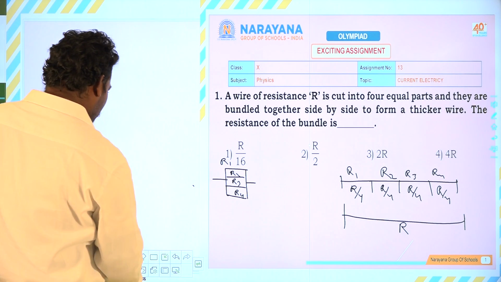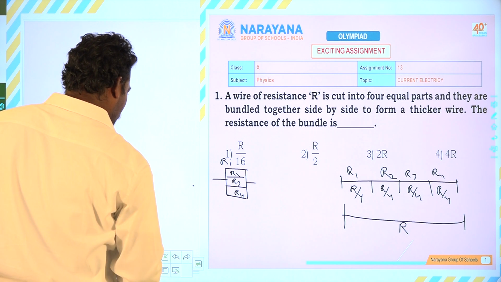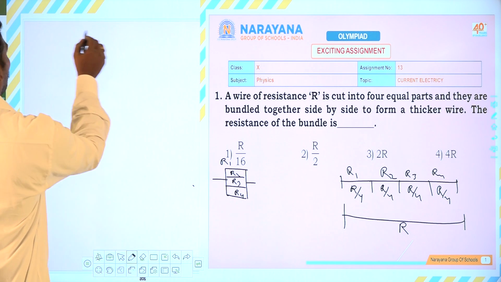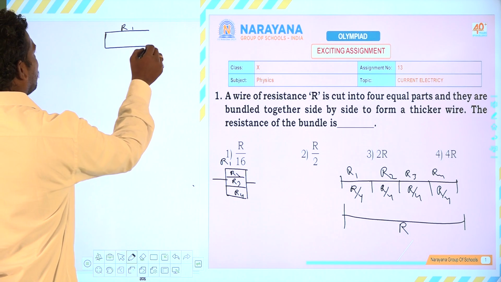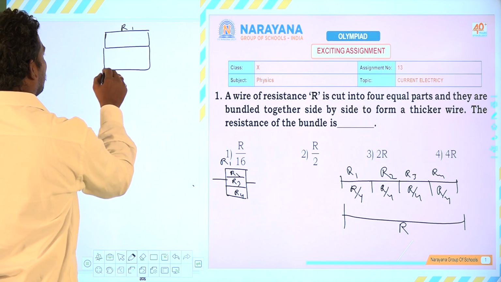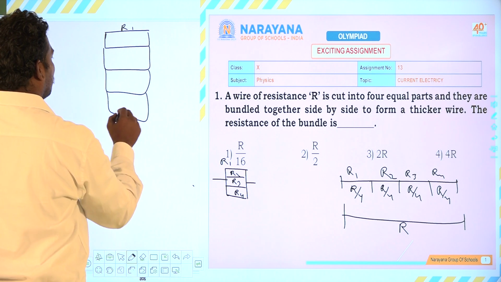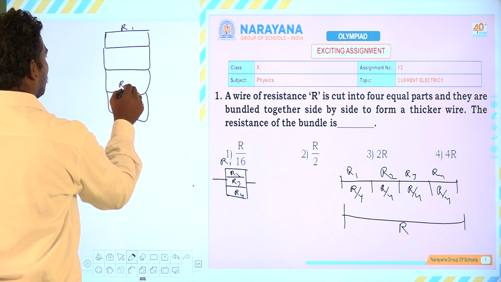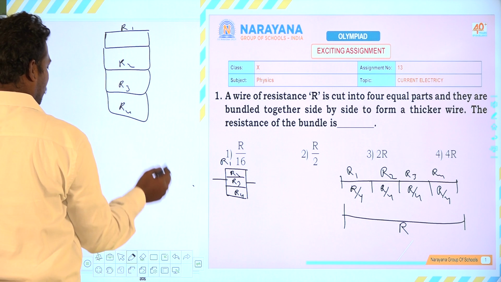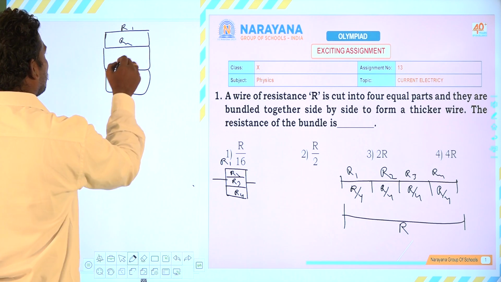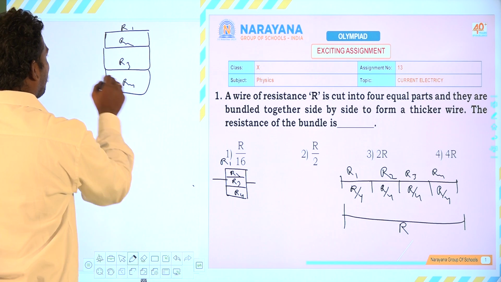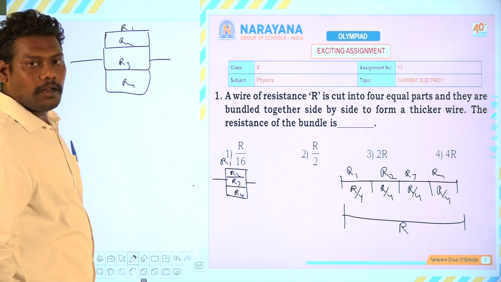If we go to the solution of it, all the 4 resistors are connected in parallel.